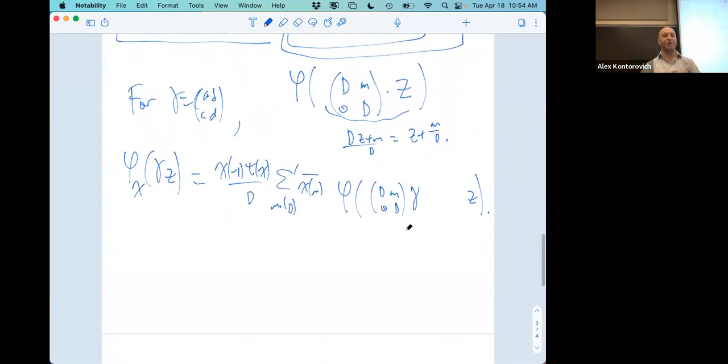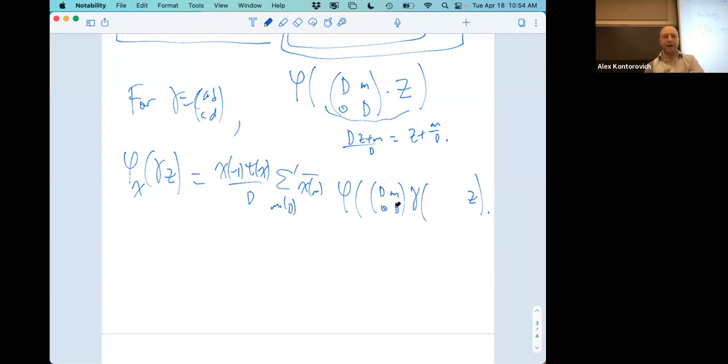Yes, we're about to do a similar computation. I'm going to want to stick in a factor here, and I want to conjugate by this. So that factor will be the inverse of this.